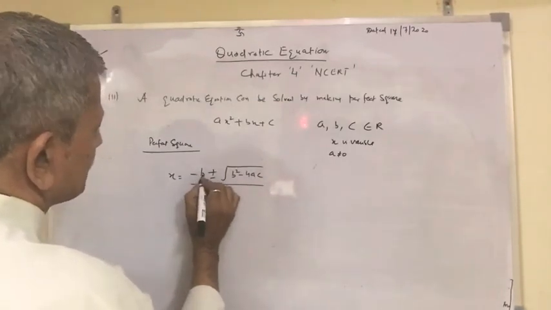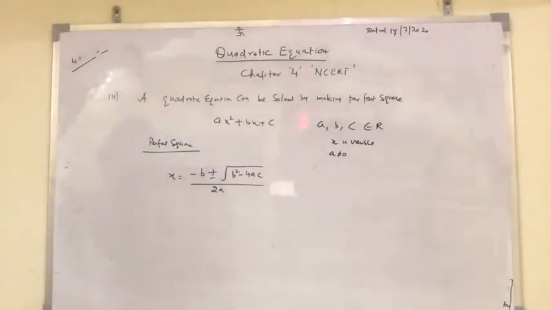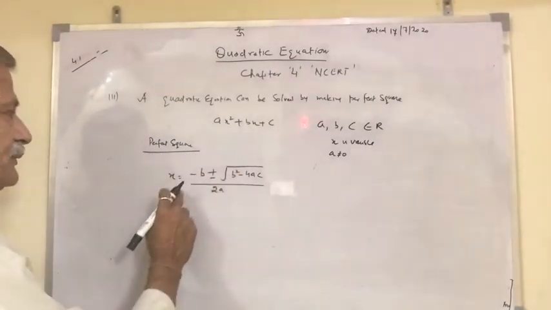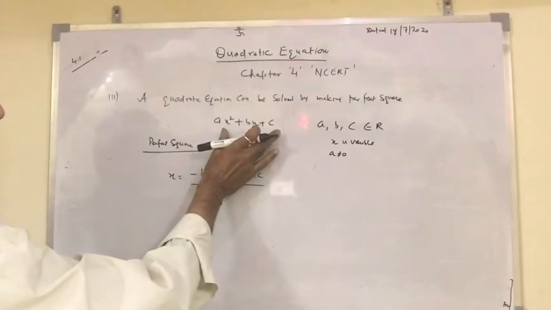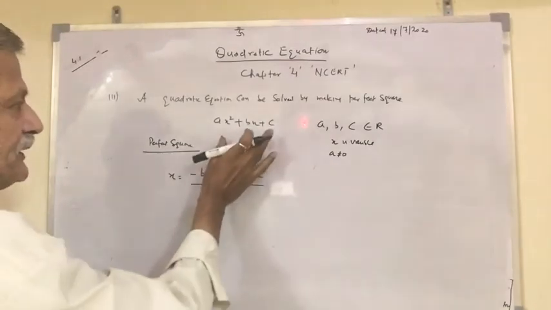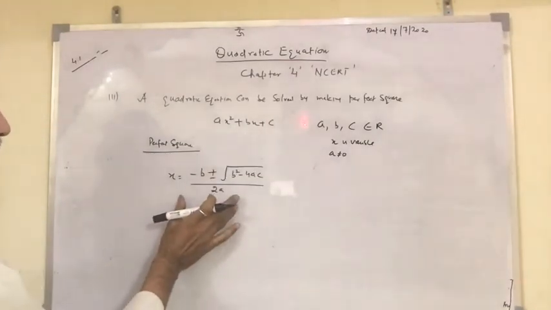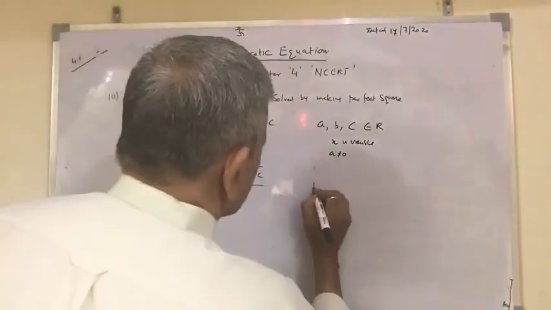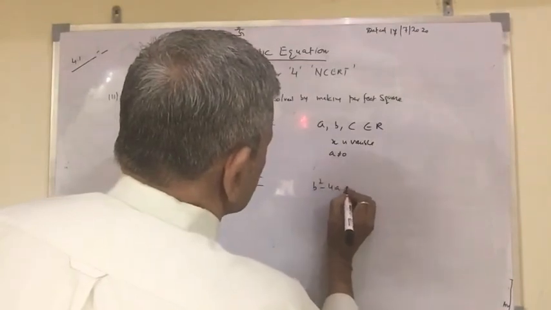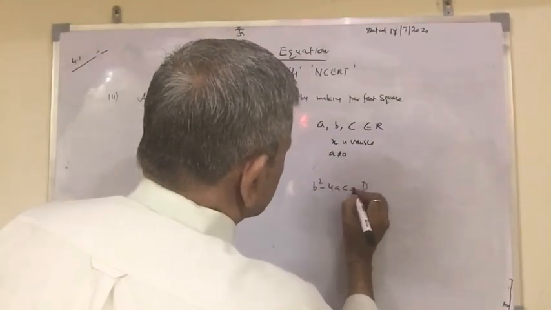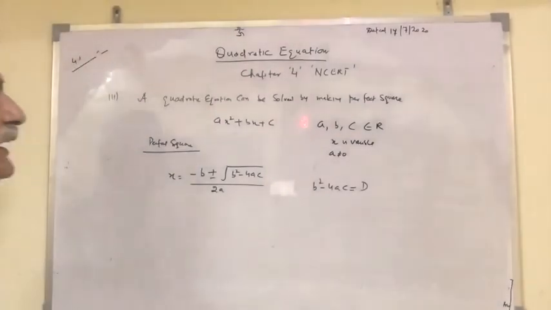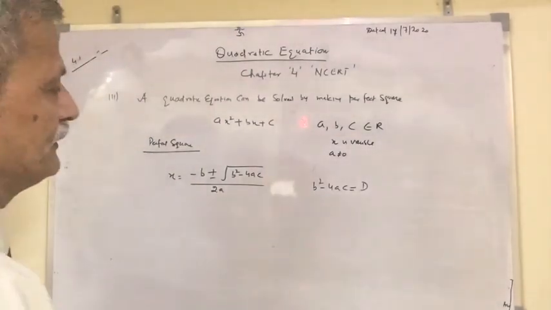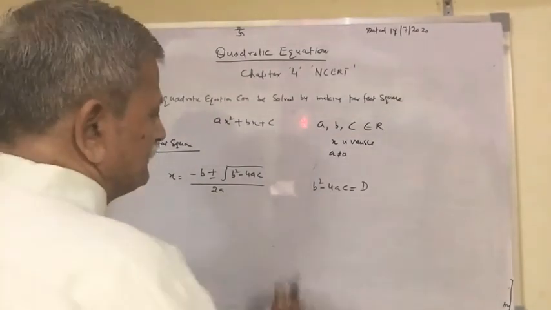To find its value, first make the perfect square, and after that the value of x will be given by this formula. And this b square minus 4ac is denoted by D, which is known as the discriminant.